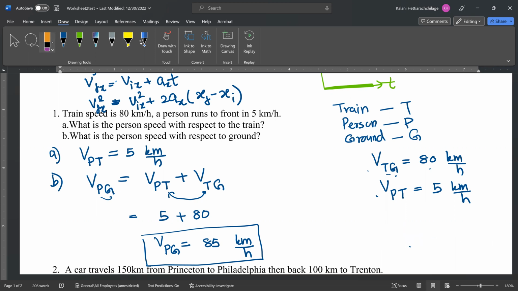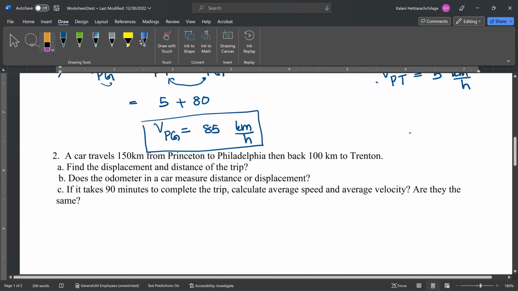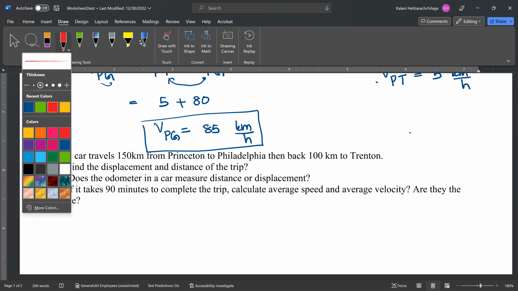Okay, so now let's move into the second question to get an understanding of displacement and how you are going to calculate it, velocity, speed, and distance and displacement for this trip.